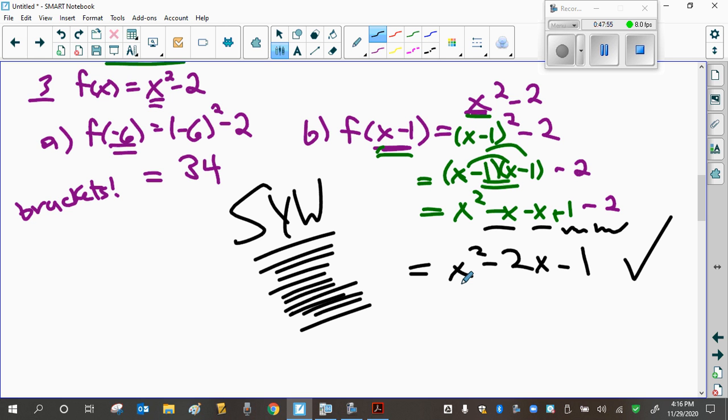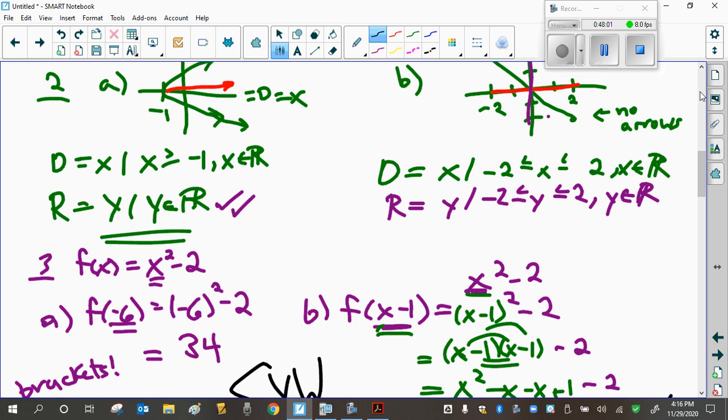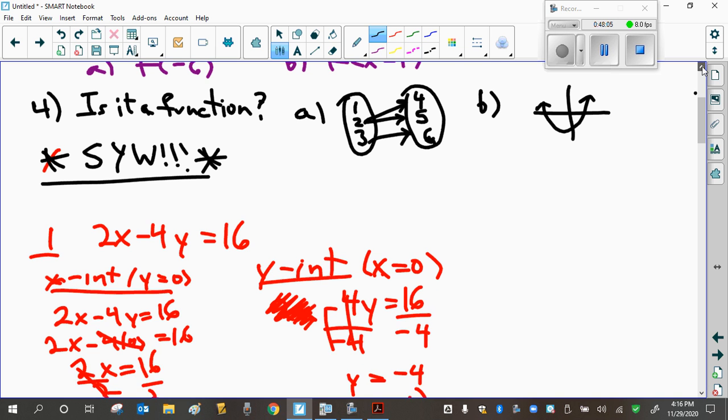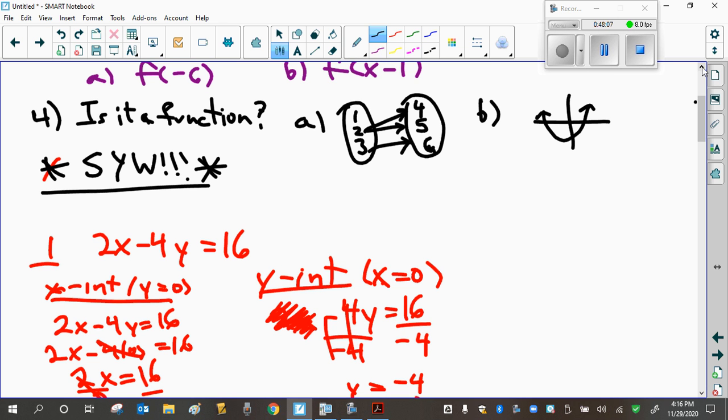And lastly, the question: is it a function? I'm just going to go right up to the question I wrote originally, number 4, and say yes or no. And this one is no, not a function, because this x has more than one y.